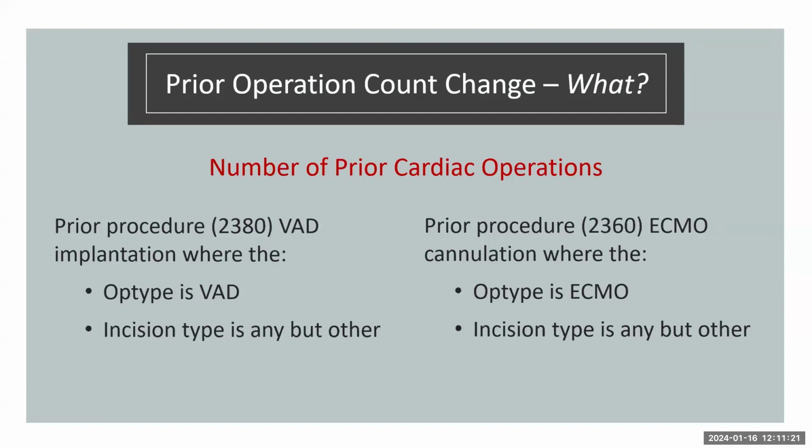So it could be a sternotomy or a thoracotomy or any of those that are listed, but not other. Also, prior procedure 2360, ECMO cannulation, where the op type is ECMO, and again, the incision type is any of those that are listed, but not other. Next slide.